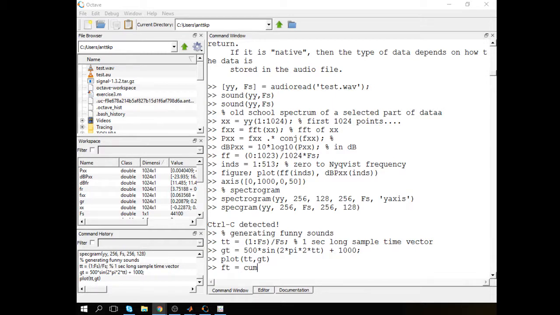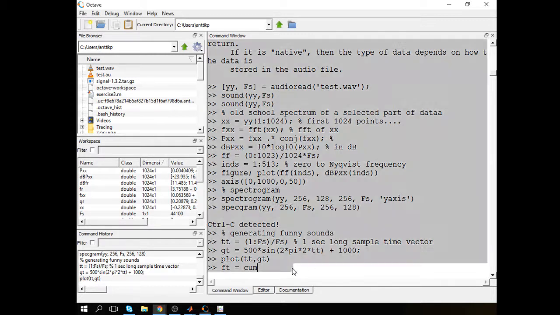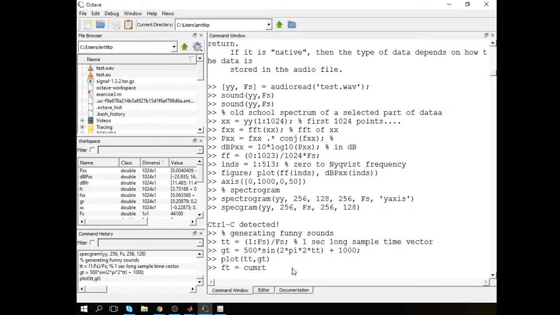Okay, let's see. That's even better. Cumulative trapezoidal of g(t) versus t. Yes, x and y.